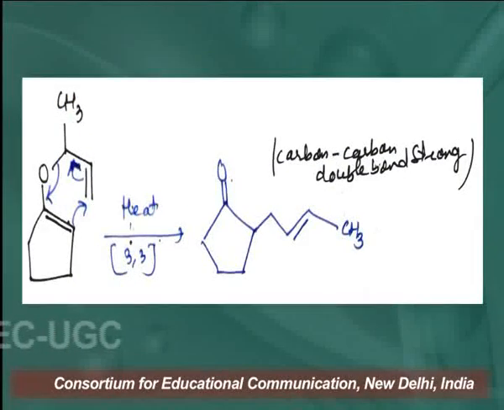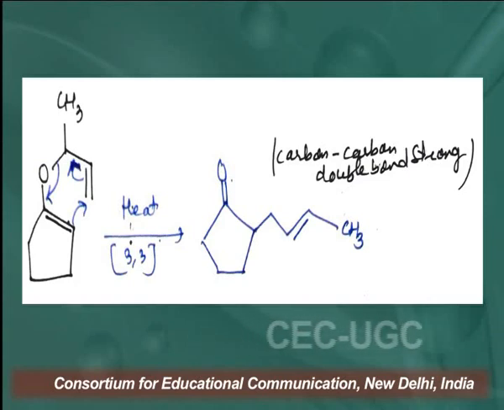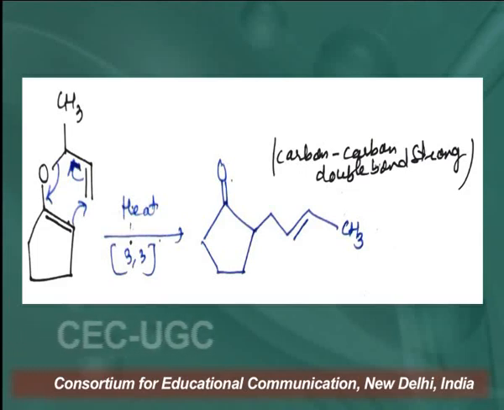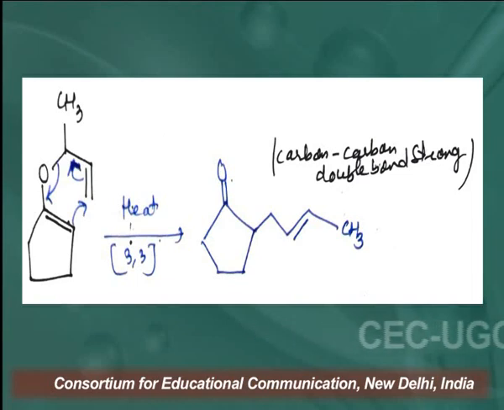Another example is where Claisen rearrangement reaction takes place out of the ring, and we get a substituted ketone. We get a ketone, again tautomerization takes place, and that keto form is changed into the enol form.